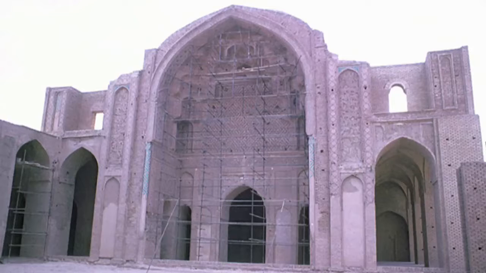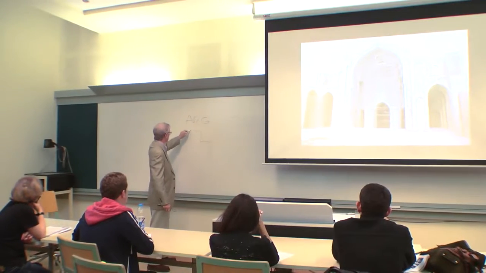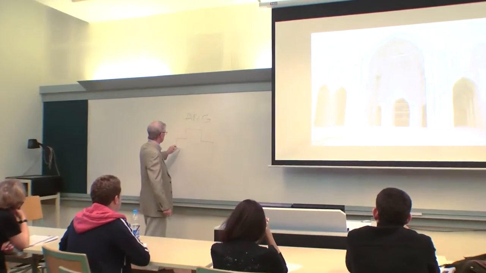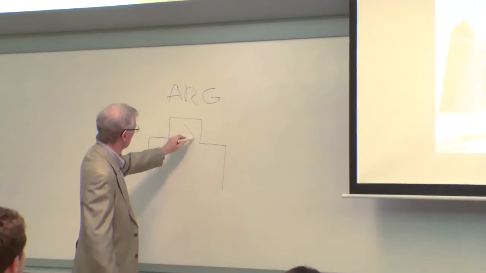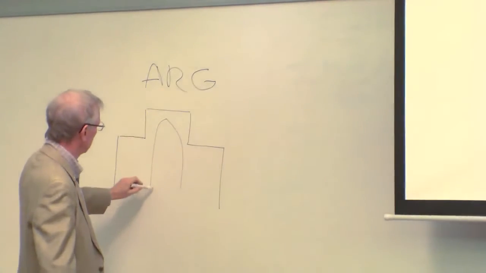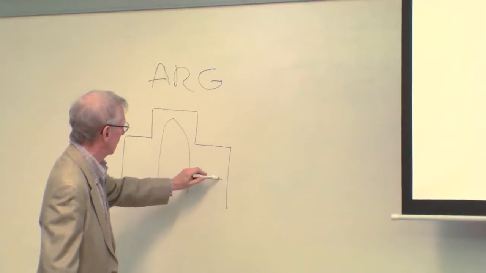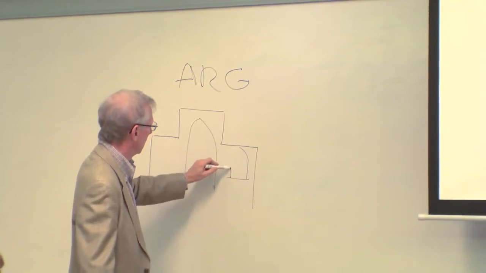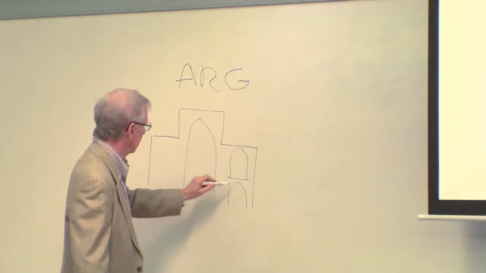And they were probably topped by arches originally, so that the original outline of the Qibla area would have been like this roughly. It's not quite to scale, but a big arch coming in here. Then we have two arches on either side.